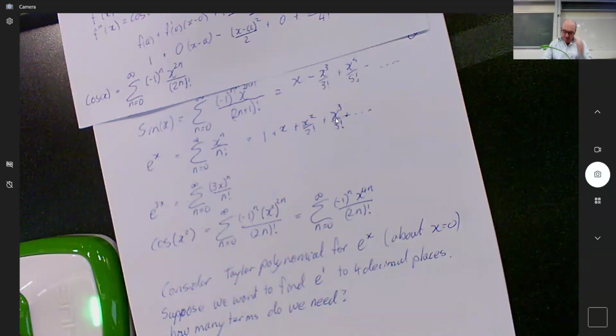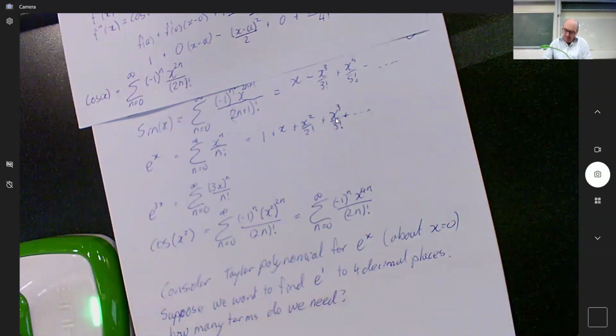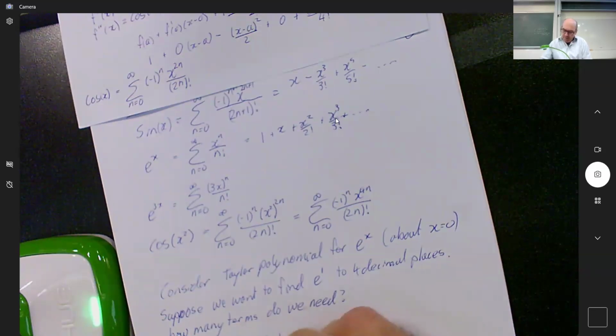So I'm going to take my remainder term for 1, and I want the absolute value of that to be less than 5 by 10 to the minus 5. So my 4 decimal places, 10 to the minus 4, I'm going to divide that by 2.